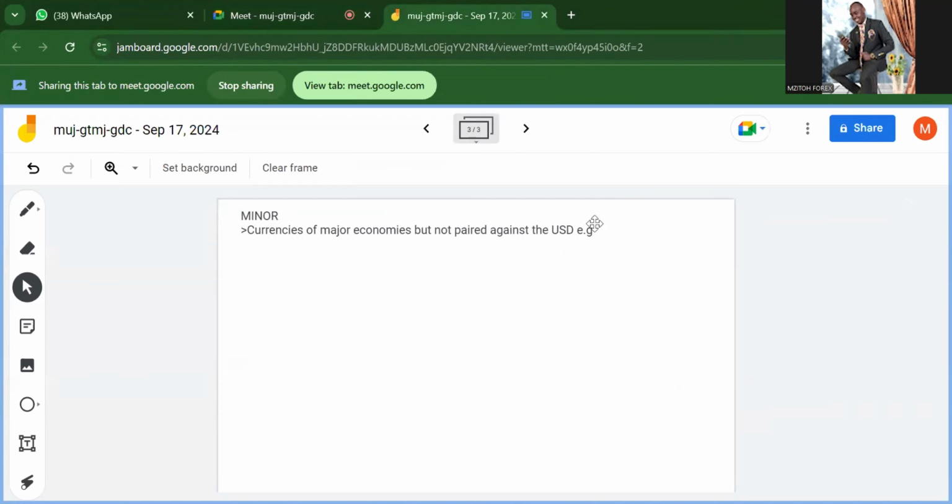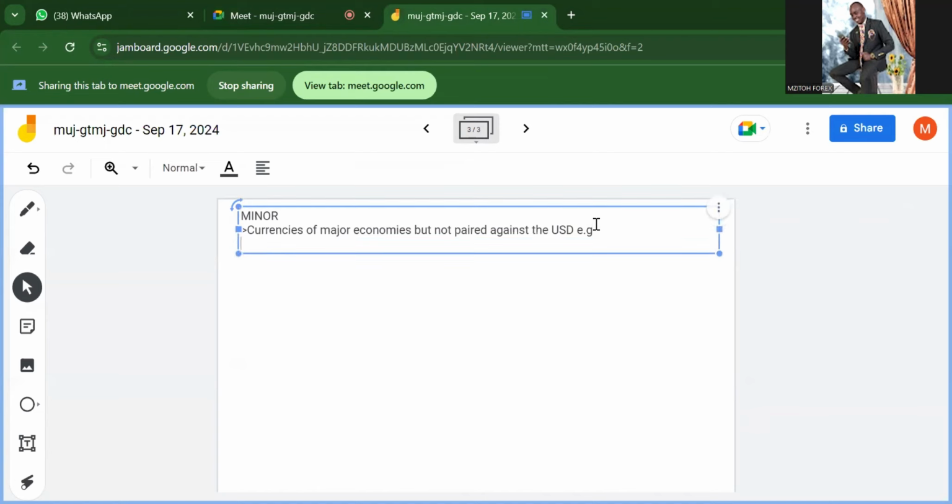So we have mentioned a few: Euro JPY, Euro CAD, NZD CAD, Euro NZD, GBP CAD, GBP JPY.